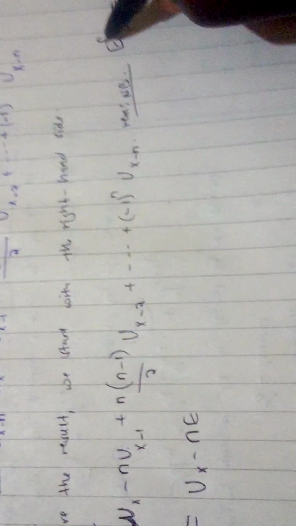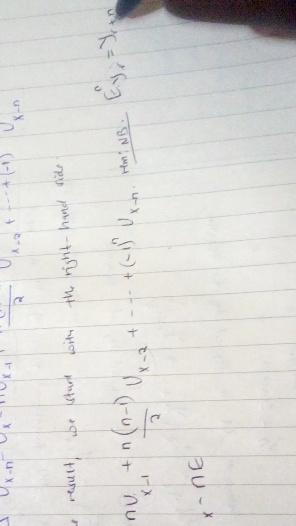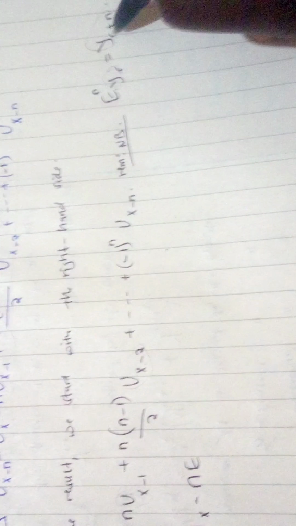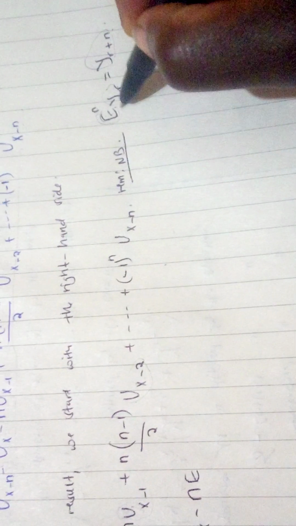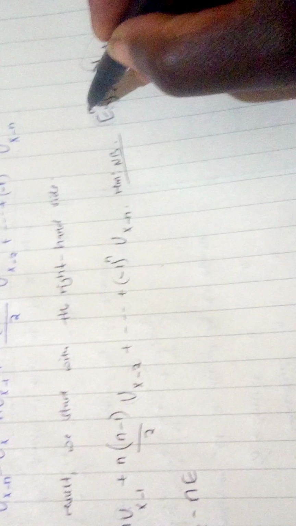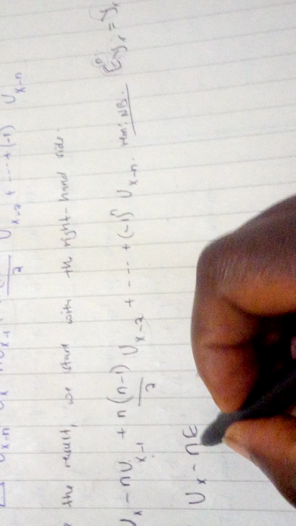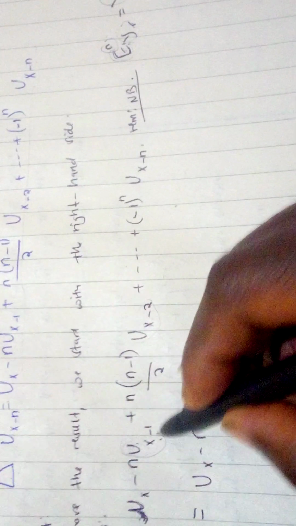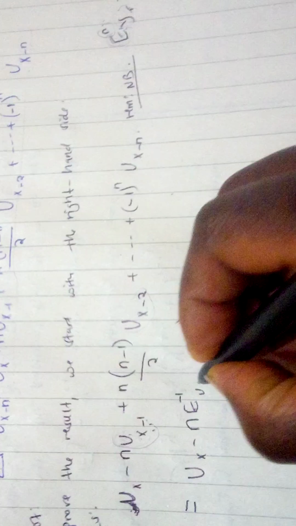Remember we said that the power of the shift operator is what the functional value is shifted by. For example, this is y_(r plus n), so the power of the shift operator is n. In our case here, we represent this with the shift operator, so we have n E to power negative 1, because in our functional value we have negative 1, then u(x).